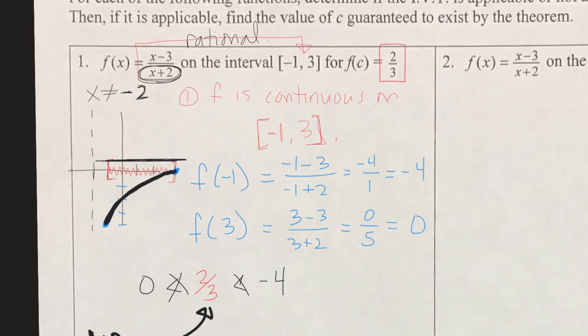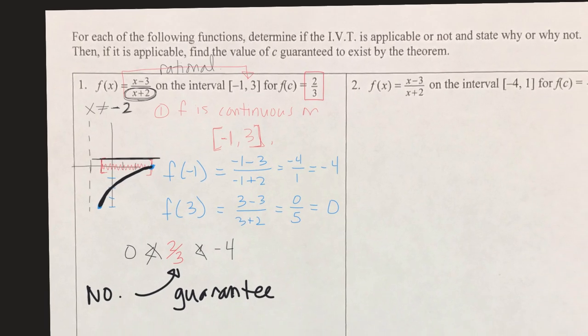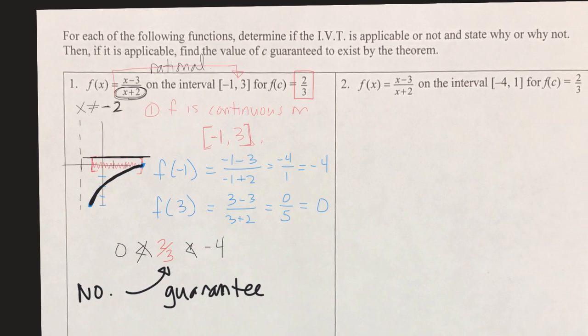Okay, so there is no guarantee there's going to be a C value, right? So it says determine if the IVT is applicable or not, so not applicable in this situation. Why is it not applicable? Because our 2/3 is not in our interval of -4 to 0.